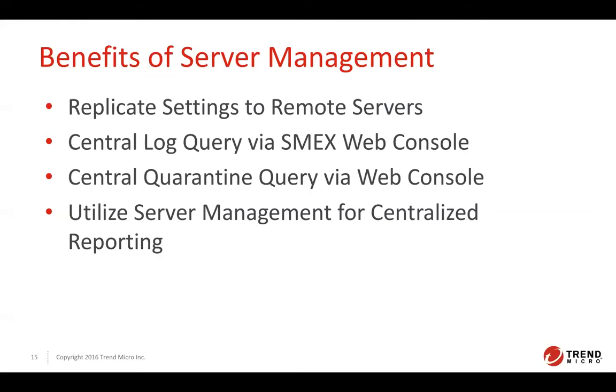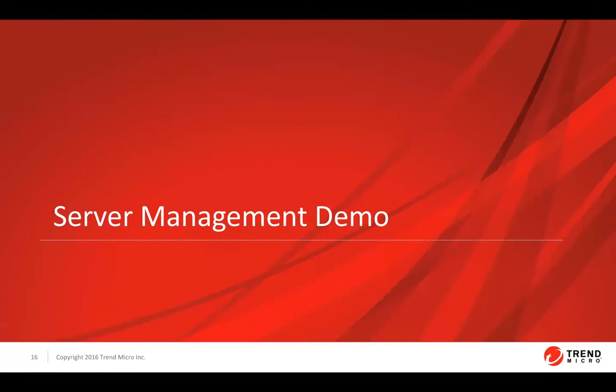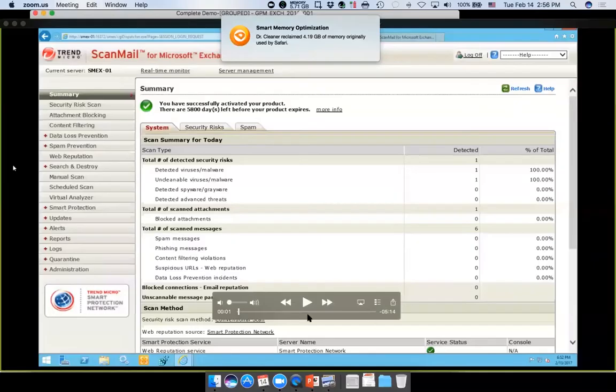And the last thing is you can use server management for centralized reporting, and we'll show you that as well. So let's take a look at server management. All right, so now I'm going to have John Shuman give you the scoop on server management.